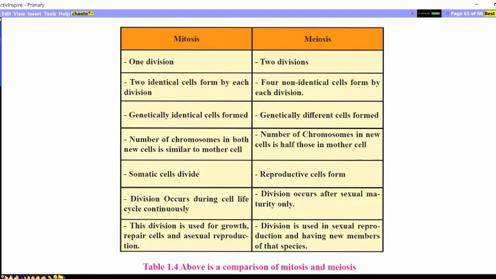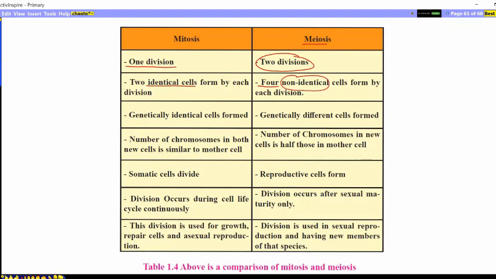Mitosis and meiosis comparison. Mitosis has one division, that's why only 2 cells are formed in mitosis, but meiosis has 2 successive divisions, that's why it forms 4 cells. 2 identical cells are formed, as we studied in mitosis, the newly formed cells are the same in amount and type of genetic material. But in meiosis, 4 non-identical cells are formed.